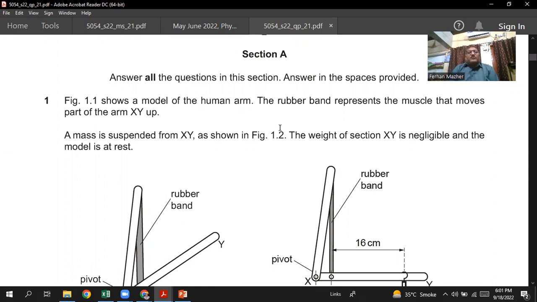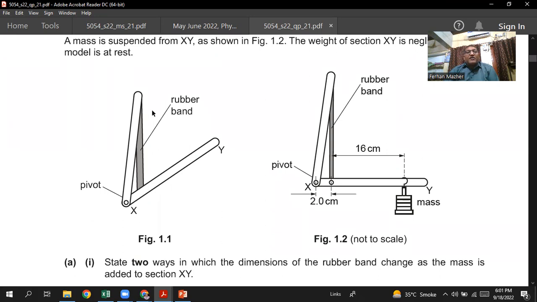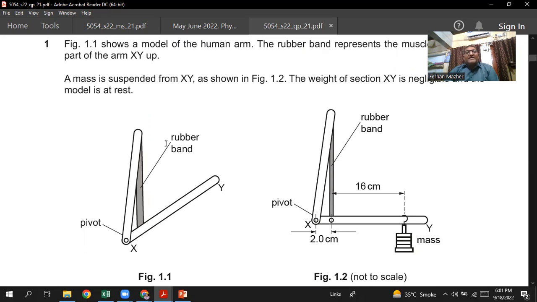Figure 1.1 shows a model of the human arm. The rubber band represents the muscle that moves part of the arm XY. So this is the rubber band which shows the muscle which moves this arm XY. A mass is suspended from XY as shown in figure 1.2.